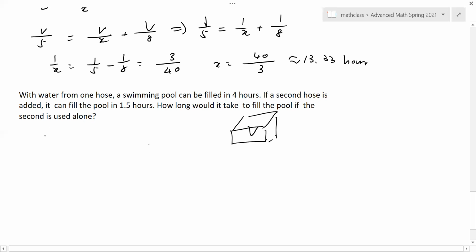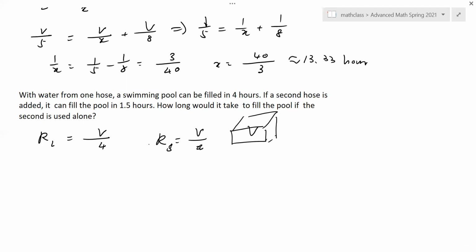So the rate for the larger one is going to be V over 4, and the rate for the small one is V over X. So the combined rate is when the second one is added.